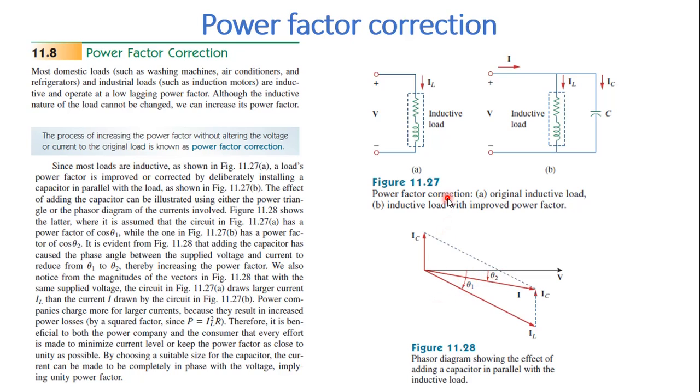So this circuit absorbs more current compared to this circuit. Our ultimate aim is to reduce the amount of current absorbed, so that the power factor is maintained at unity.